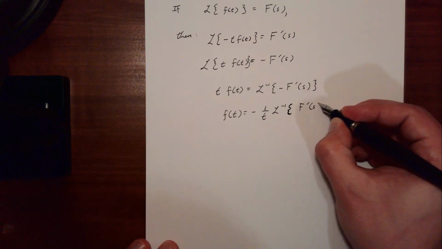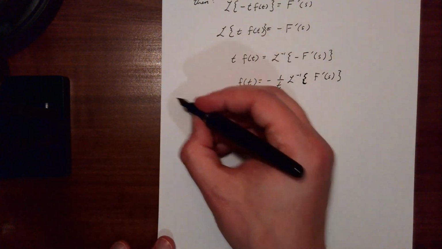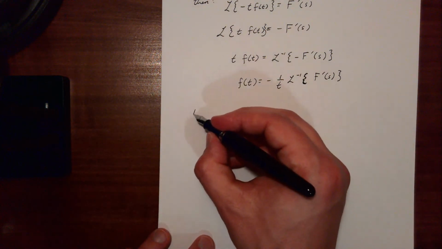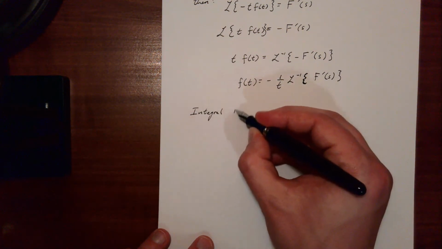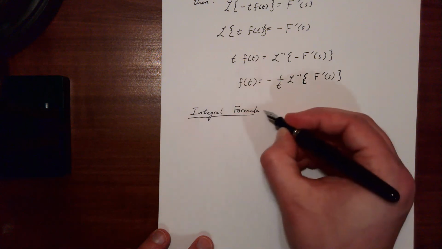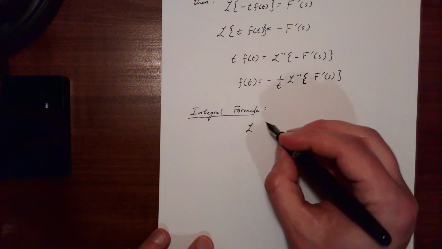So basically, if the function that you're trying to take the inverse Laplace transform of is a known derivative, then this would be a formula for its inverse Laplace transform. Then there's one more thing, it's called the integral formula. And this is kind of the same thing, but in reverse.